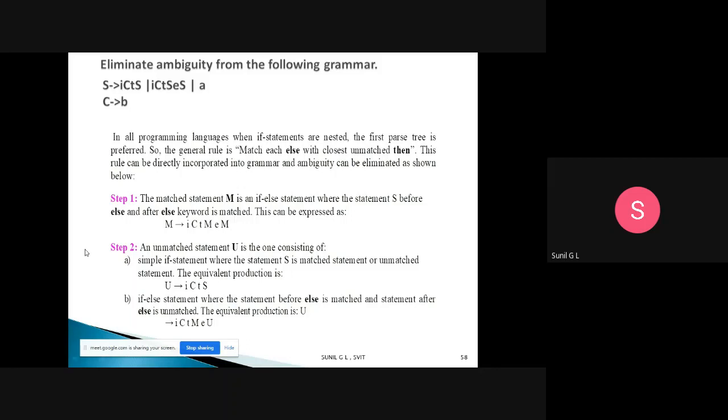So here, if condition then matched statement, else matched statement. There is no dangling else we are getting.